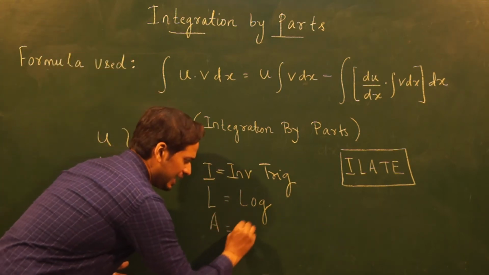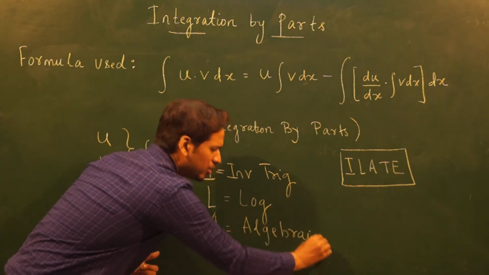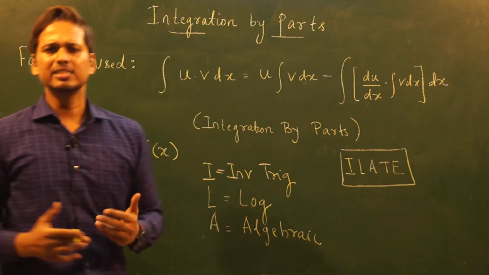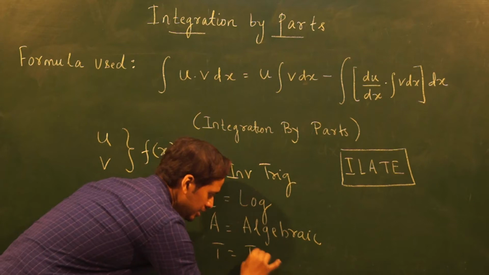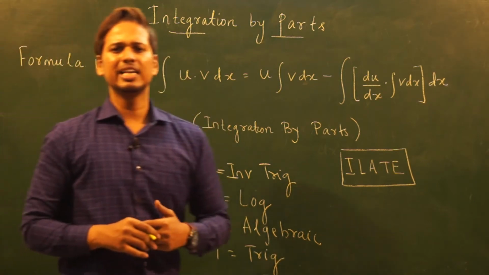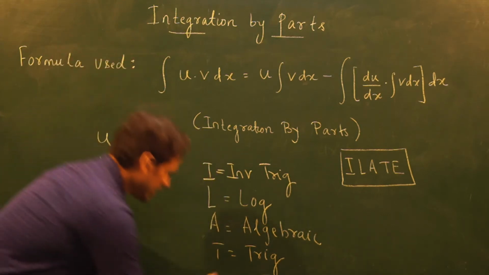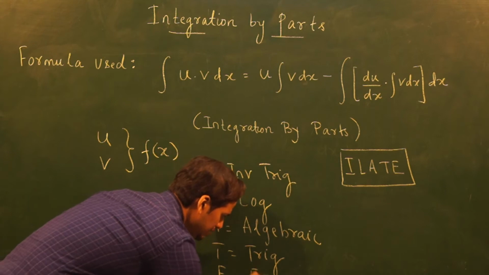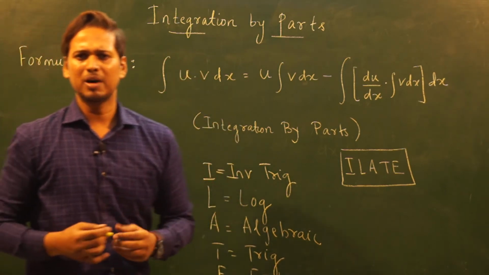Next goes A, the algebraic functions. All the polynomials and all the constants are treated as algebraic functions. T is for trigonometry: sine, cos, tan, sec, which are easily integrable. And finally E is for exponential functions like e to the power x, a to the power x, and so on.